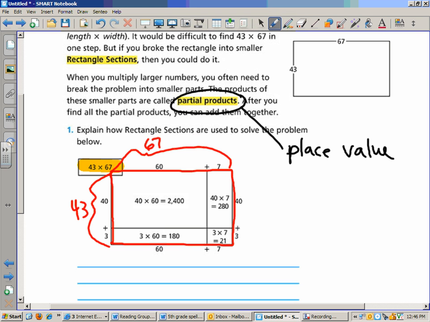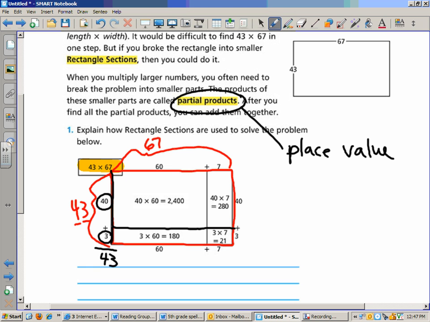So we've taken that and we've broken it apart by place value. So we've looked at the tens and the ones. So we said in 43, there are 4 tens, so 40. Right here I have 40, and there are 3 ones, so 3, because 40 plus 3 equals 43. Sectioning off our 3 into the smaller rectangle, and then we are sectioning off our 40 into the larger piece.